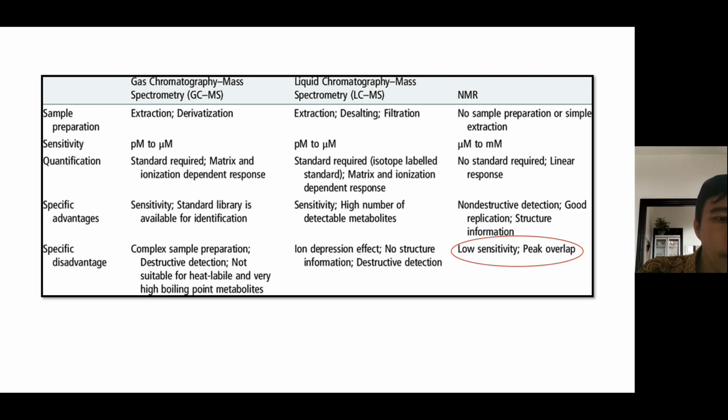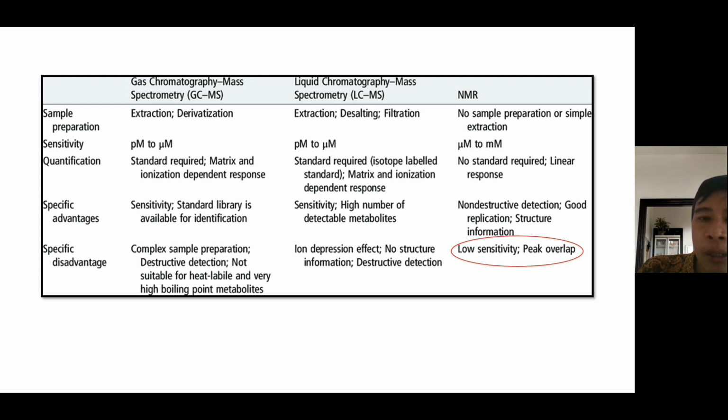And for specific advantages, of course it is highly sensitive, and also the current technology provides us with a standard library in many kinds of platforms, and therefore we can directly identify your metabolites based on your analysis results. And also for LCMS, the advantage is that it is highly sensitive, and you will obtain very high amounts of metabolite based on this detection method.